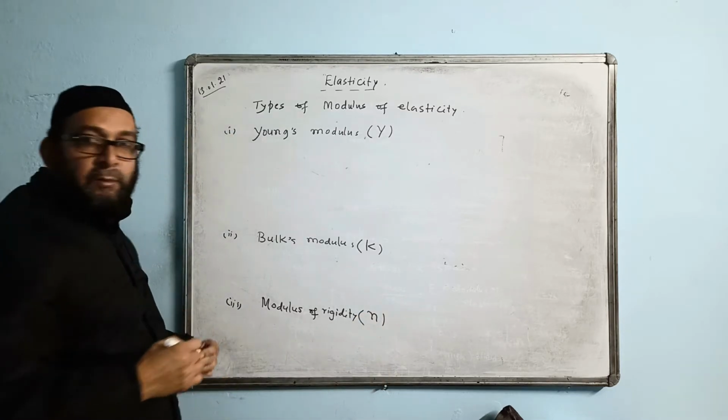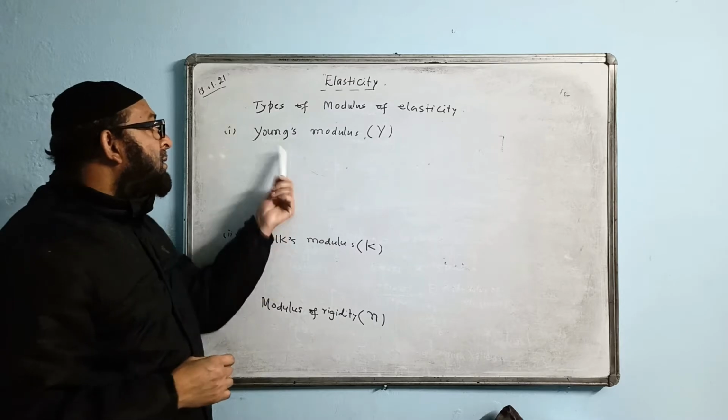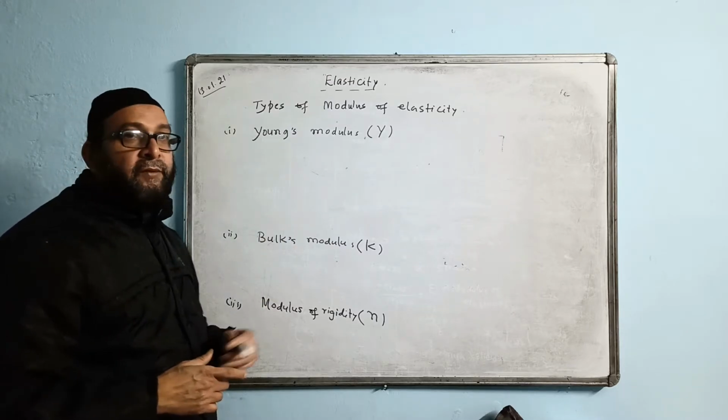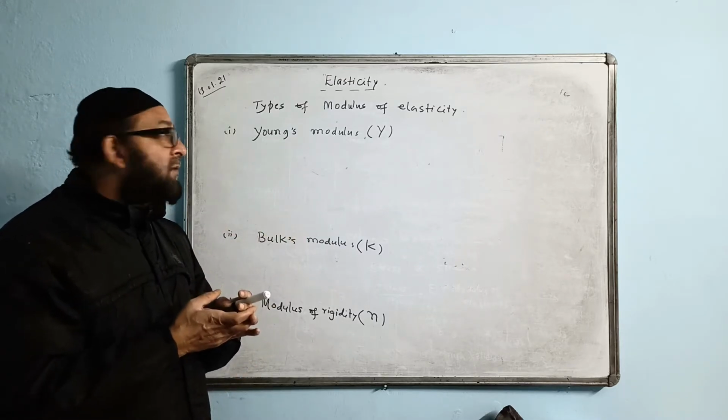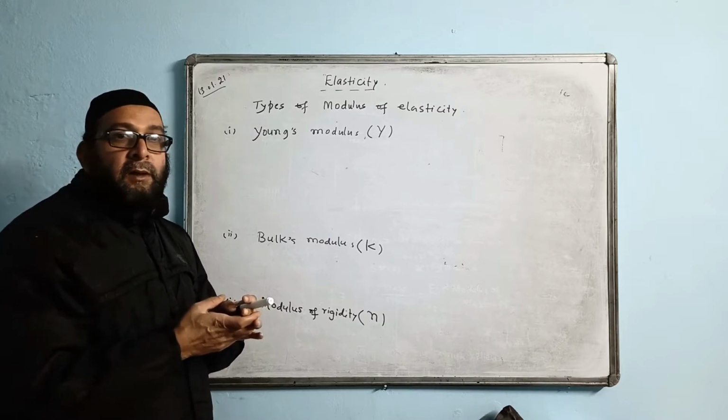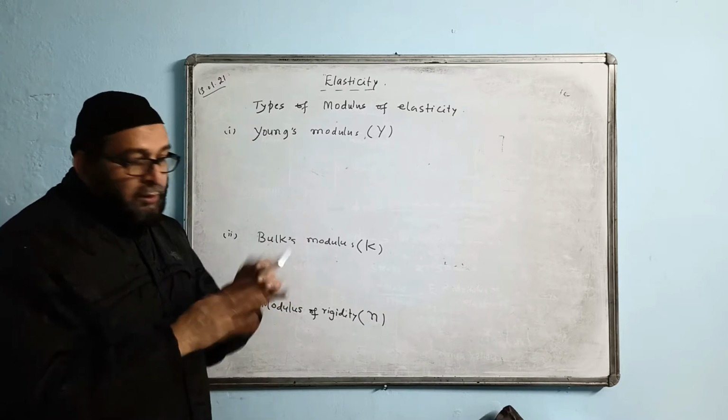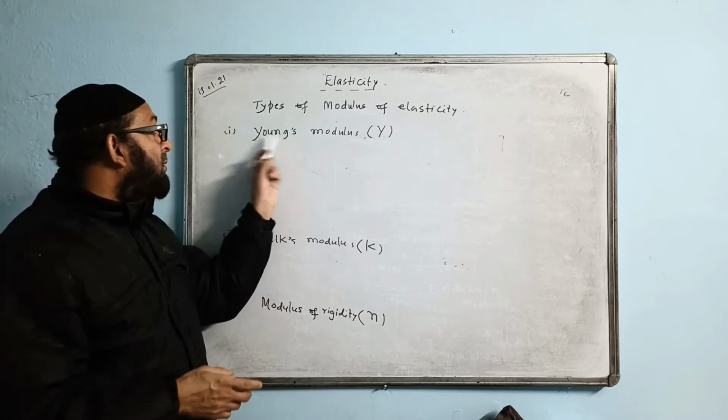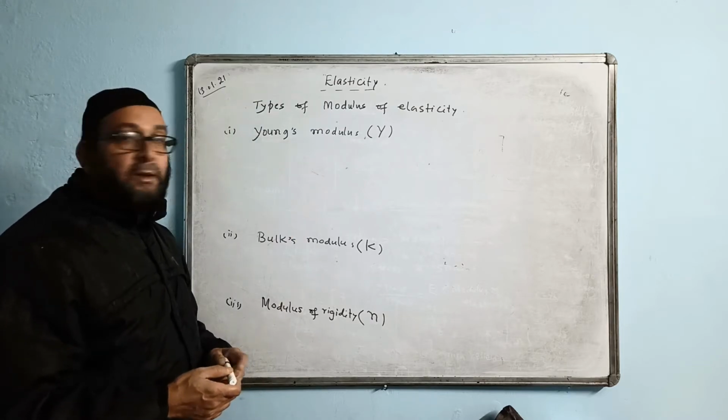Let us start with Young's modulus. In Young's modulus, what happens? We apply a stress and we find the elongation in the body; the length of the body is changing. Such a modulus of elasticity is called Young's modulus.